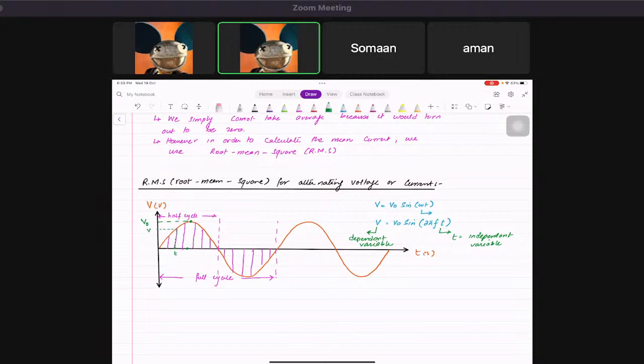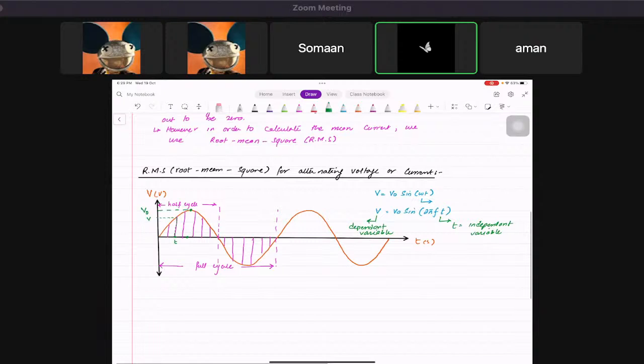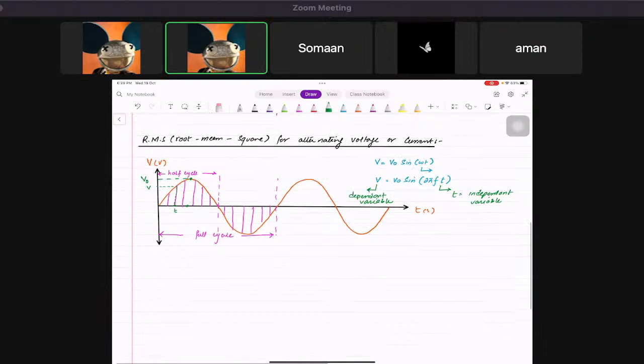So now we are going to look at how basically we can compare an alternating voltage with a direct voltage, right?